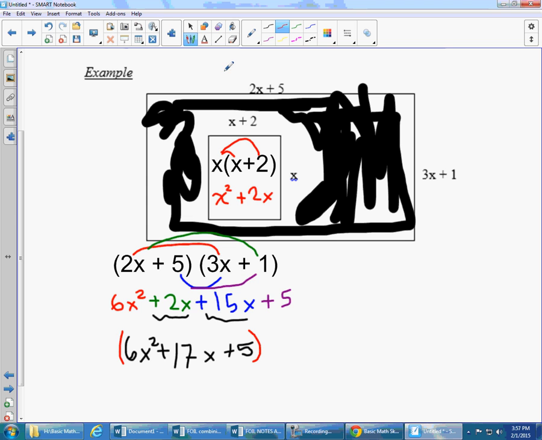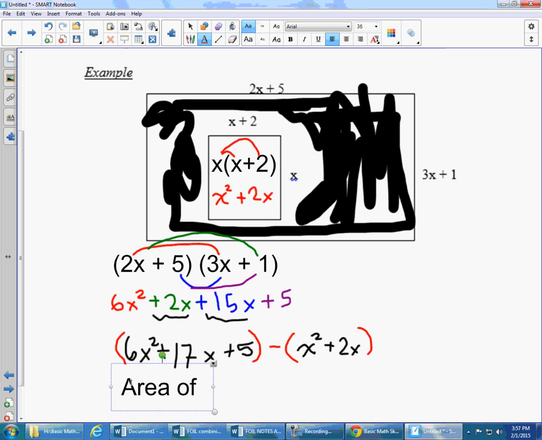Then I'm going to subtract this x squared plus 2x, which is the other part. Basically what we are doing is the area of the big minus the area of the small. That's all we're doing.